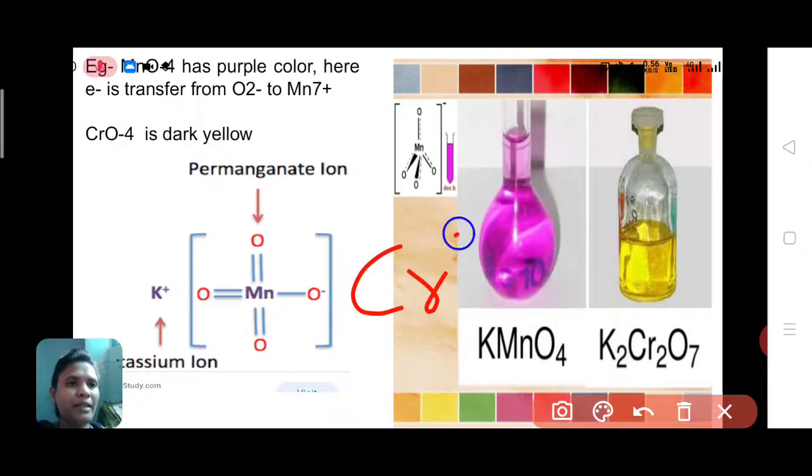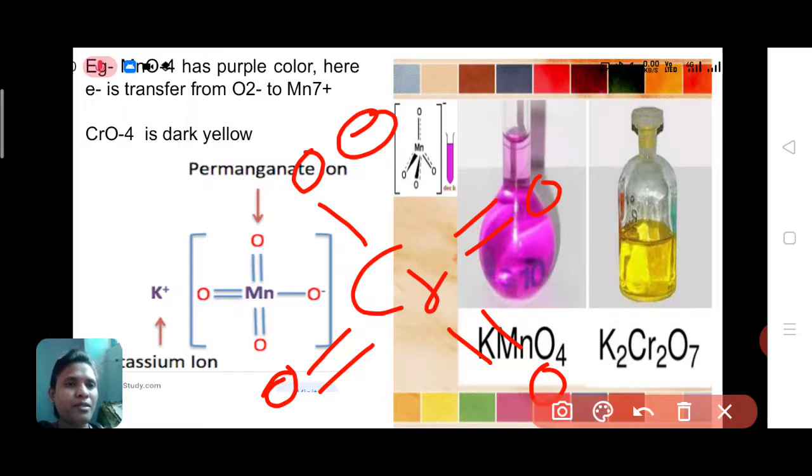This chromate ion shows in this way the structural formula. So this is the structure of chromate ion, CrO4 minus, and these 4 oxygens are ligands. They are called ligands because they are donating their electrons to chromium.